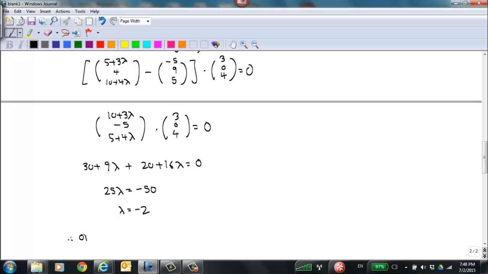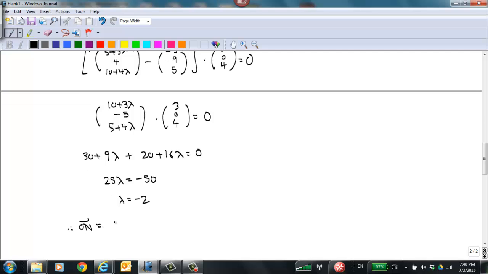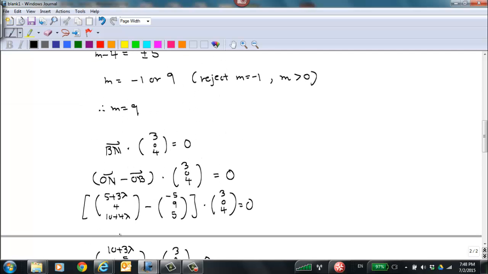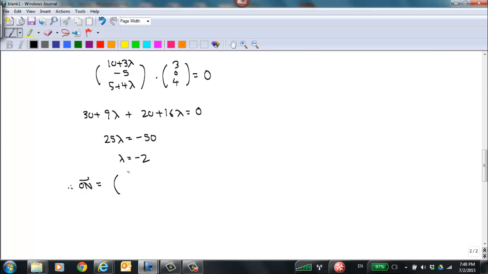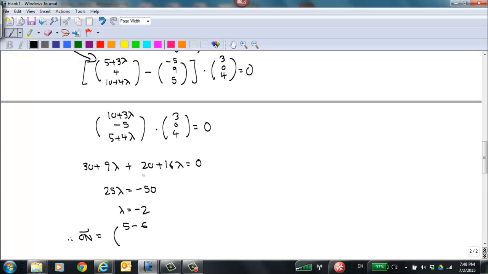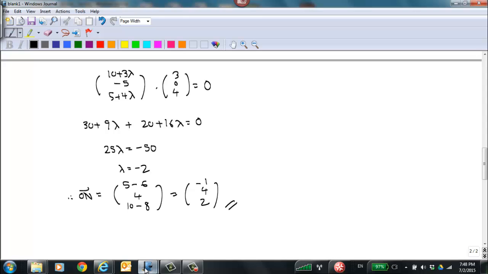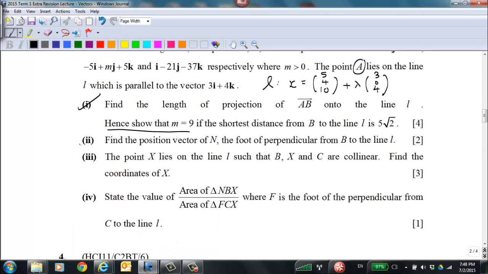So therefore, ON will be equal to, you just put it back into this expression here, giving you 5 minus 6, 4, 10 minus 8, minus 1, 4, 2, which is the answer given at the back. Okay, so this is done with part 2.